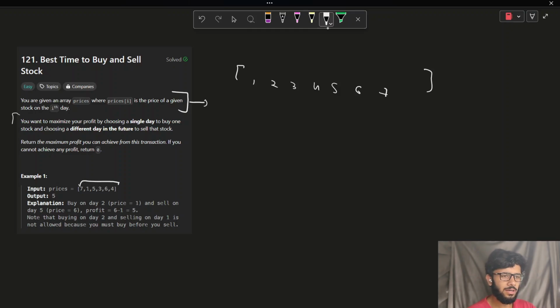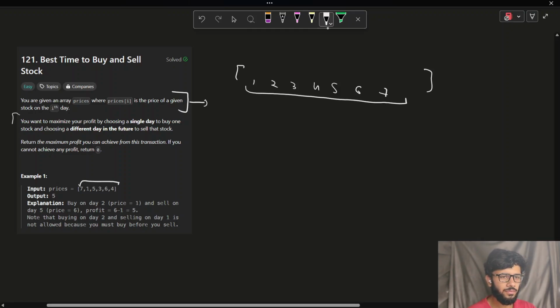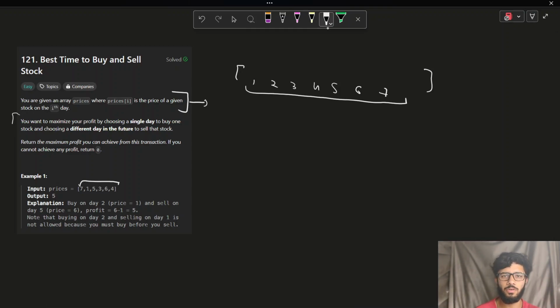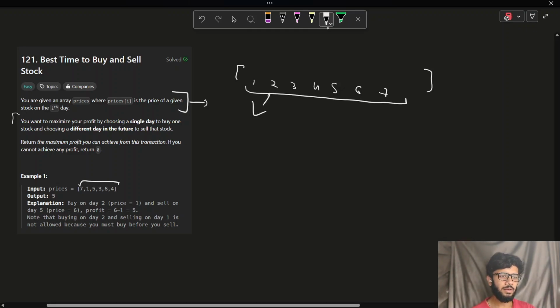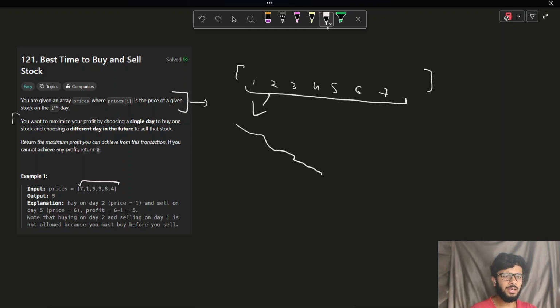Now, how can we earn a profit? Maximizing profit means buying on a day when the stock is at its least value, and then selling it when it is at its highest value.